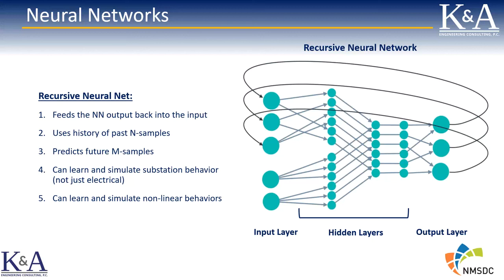Ambient temperature affects the performance and operation of a substation, but it's very difficult to model that in a deterministic electric simulation system, like the one we're going to be talking about soon. The other important aspect of a recursive neural network is that it can learn and simulate nonlinear behaviors. Next, please.